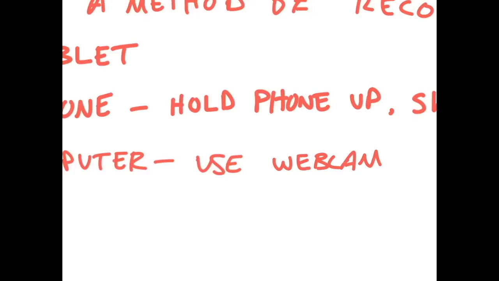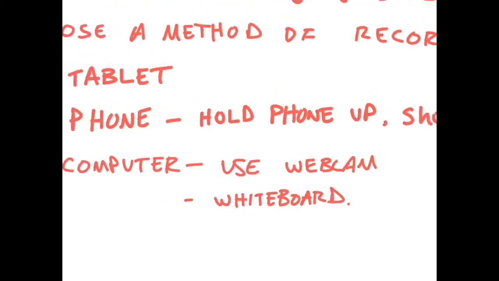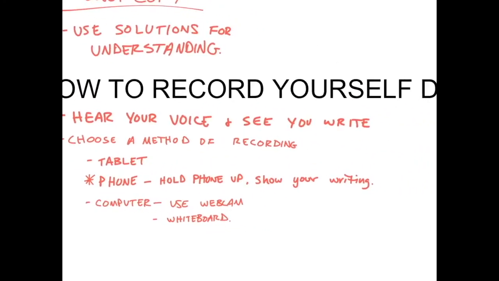So you can use a webcam on your computer and a whiteboard and write on that. But the important thing is that I need to see you write and hear your voice. It may be awkward, it may take a little bit of getting used to, but those are some ways that I want you to do it.